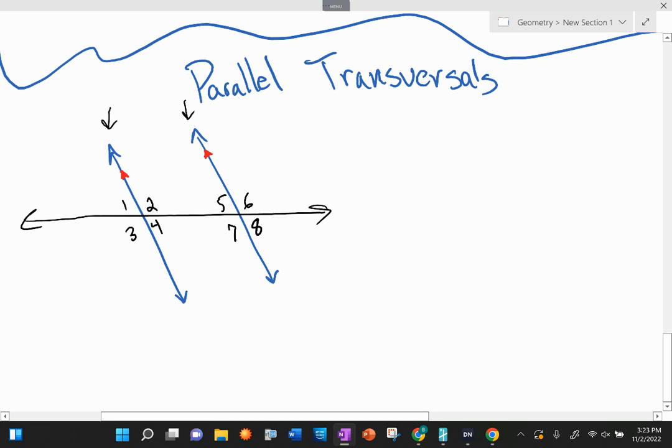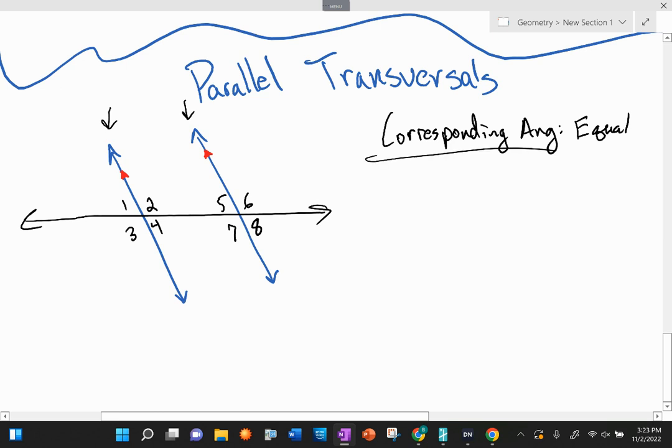Same angles. Okay? Which means now when we have corresponding angles, what do we know about their measurement? They should be equal. Good job, Lane.